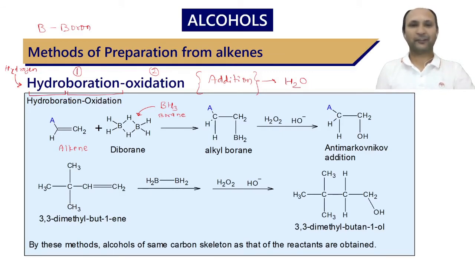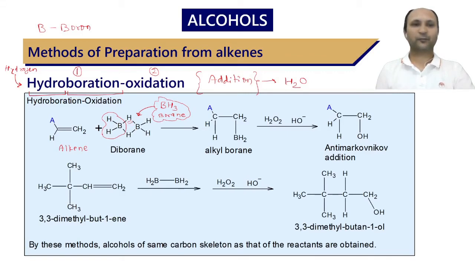So why I am saying this is hypothetical and this is the actual structure, because in nature you will find this moiety in the form of this diborane, but when it reacts with certain compounds, it behaves as if it was this structure. Okay, so let us see what we mean by this. So when this diborane reacts with alkene, since we know that it is going to behave as borane, so this is BH2 and this is H, that is BH3.